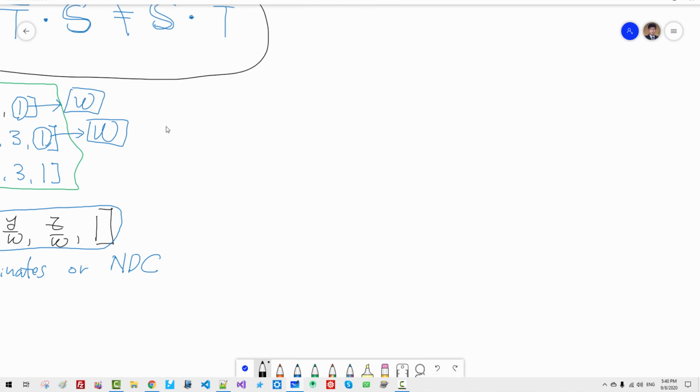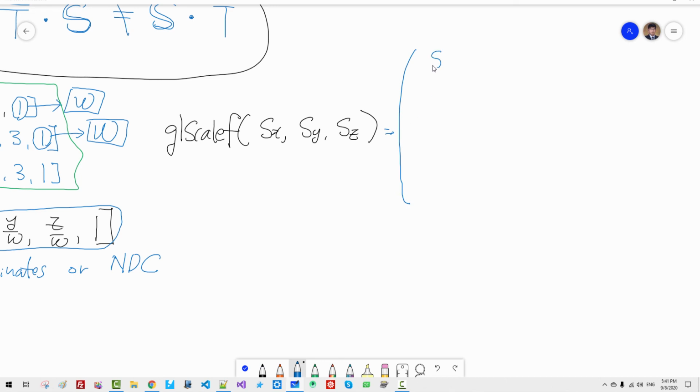So, if we specify glScalef sx, sy, sz, OpenGL internally generates sx 0 0 0; 0 sy 0 0; 0 0 sz 0; 0 0 0 1.